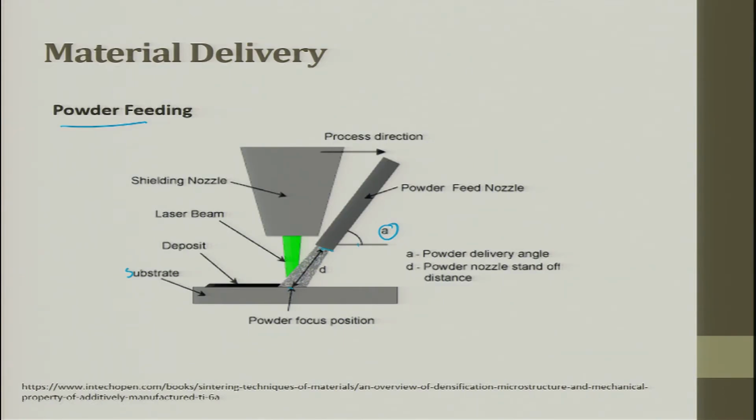Interestingly, standoff distance, generally when you speak of it, is vertical, but here you will have it at an angle. So this is D, and the nozzle delivery angle is A.